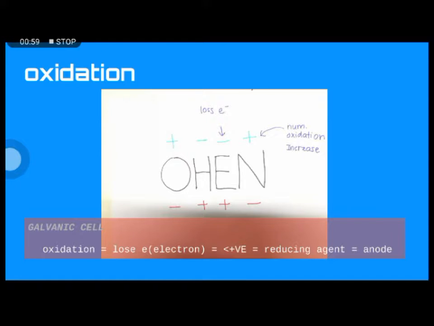The new method that we show you is about OHEN. Check out the blue one, which is positive, negative, negative, and positive. The meaning of that is that it adds oxygen, it loses hydrogen, which is negative. The negative sign, it loses electron, and the positive sign is that the oxidation number is increased. That's about oxidation.